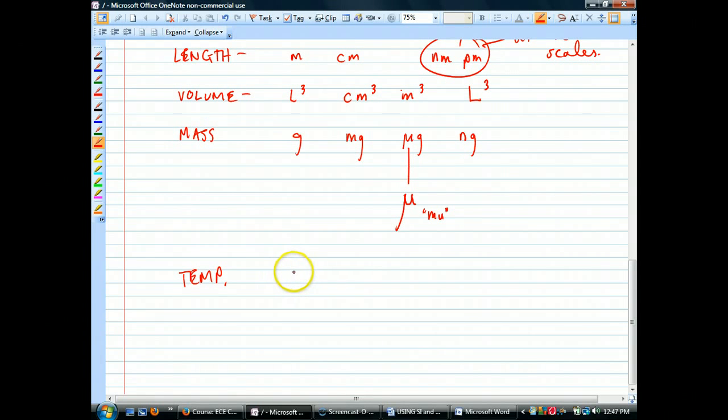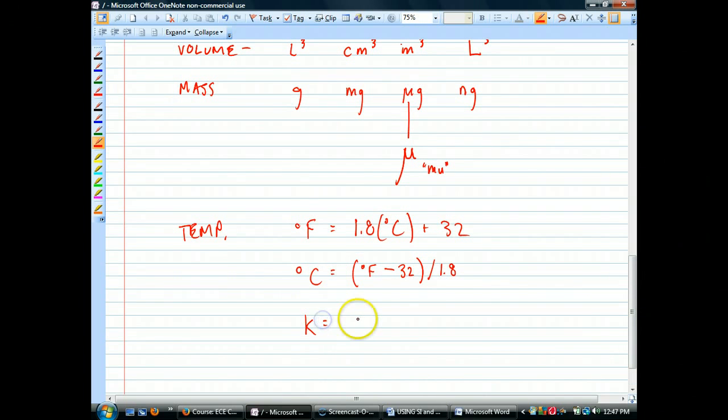Temperature, if you want to look at degrees Fahrenheit, the equation is 1.8 times the degrees C plus 32, and degrees C is going to be degrees Fahrenheit minus 32 divided by 1.8. And then Kelvin temperature is degrees C plus 273.15. These are given to you on the tests.